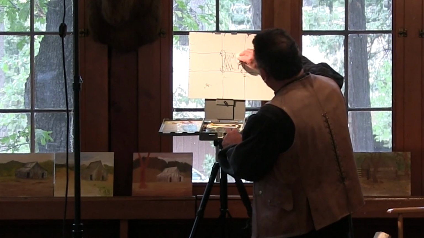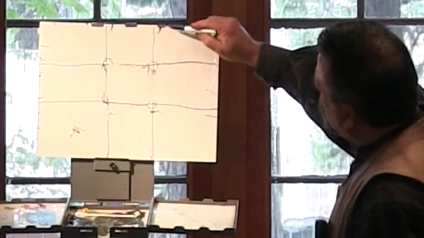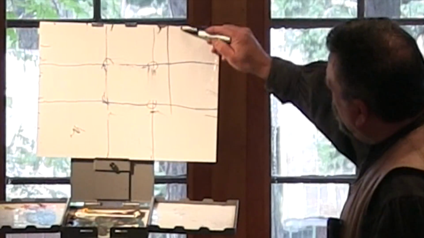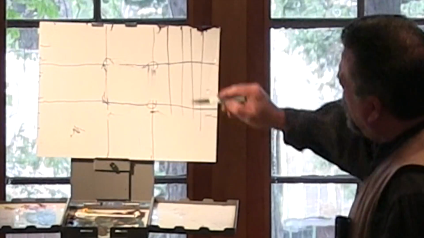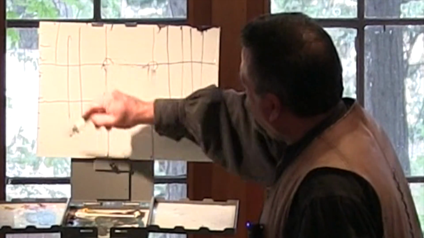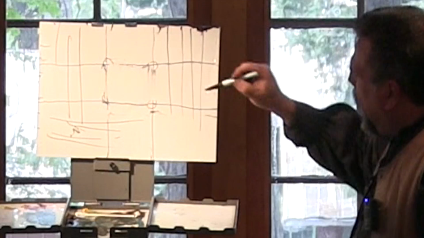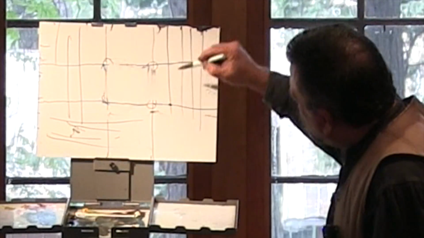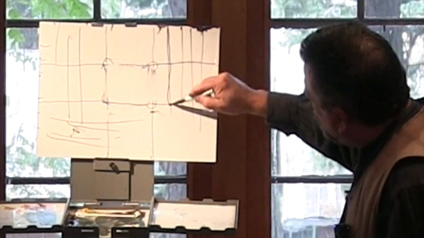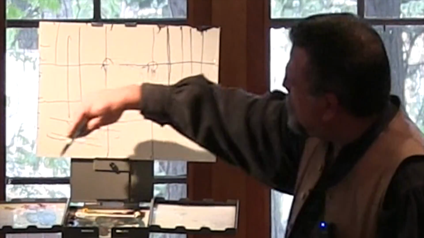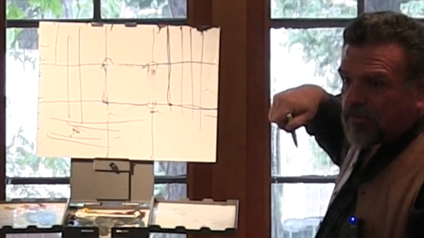Why would I have all these other measurements up here? If I were to complete these grids, here and here, and here, and here, every one of these intersections forms actually the same ratio as the overall canvas.